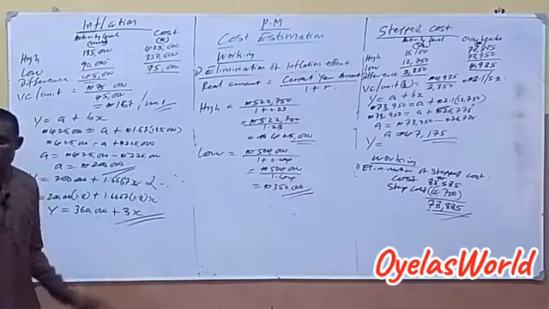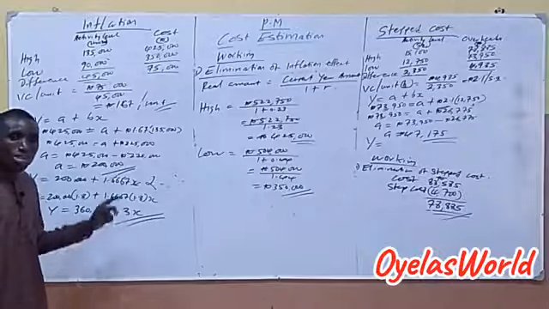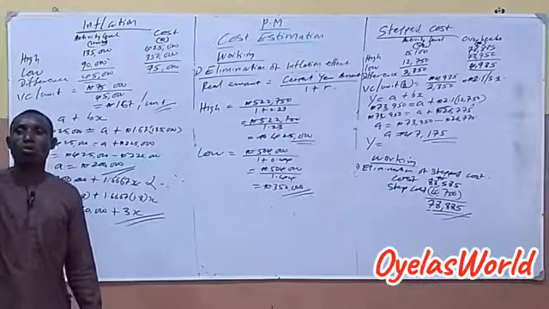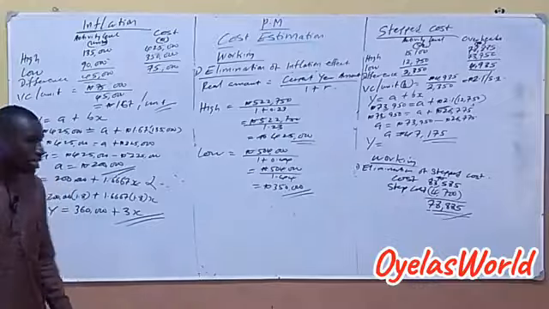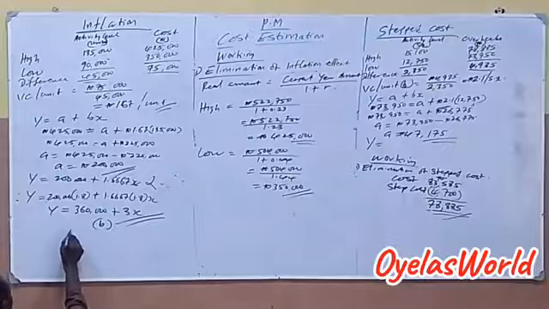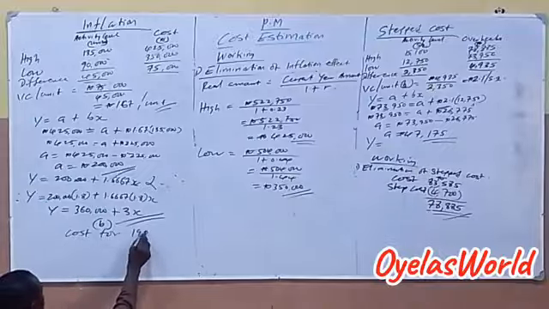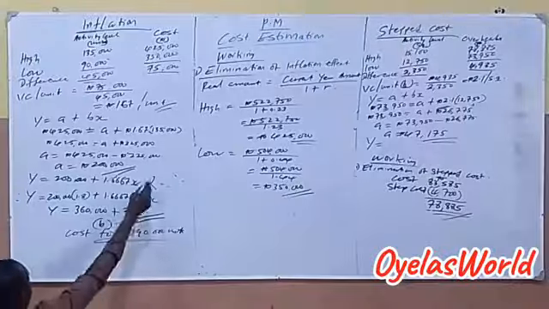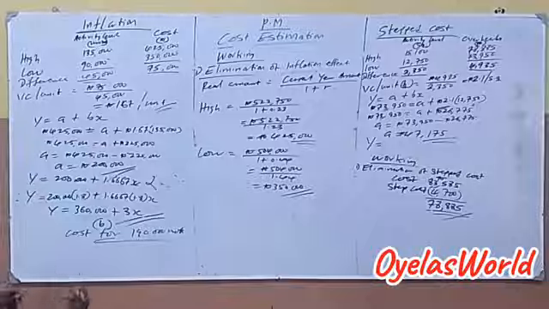Because they are asking, calculate the cost equation when the price index is 180. They now ask you part B, what is the total cost for 190,000 units? So we can't use the earlier one, we have to use this, because that's what happened in 2005.